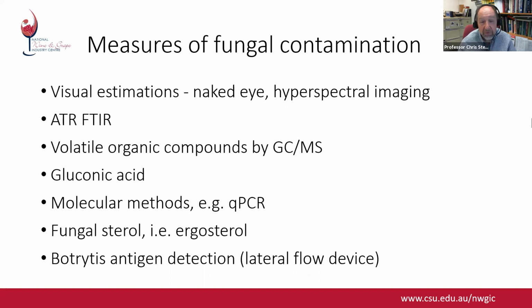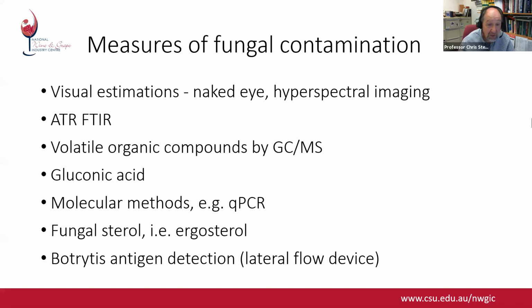So we're now going to move on to some of the methods that I'm going to cover. And as I said before, some of these I'm going to cover in a bit more detail than others. So first we've got visual estimations, be it with the naked eye or with some other sort of imaging technique. We've done some work on ATR-FTIR, and I'll explain what that is in a moment. We can look at off-flavors, aromas, mushroom, earthy type aromas, these volatile organic compounds, by GC-MS.